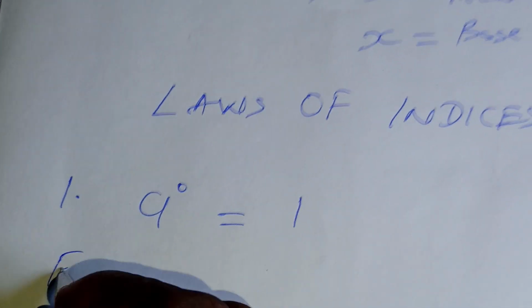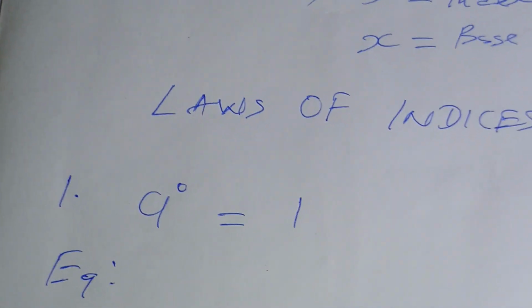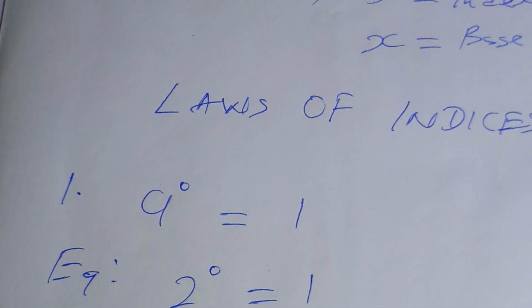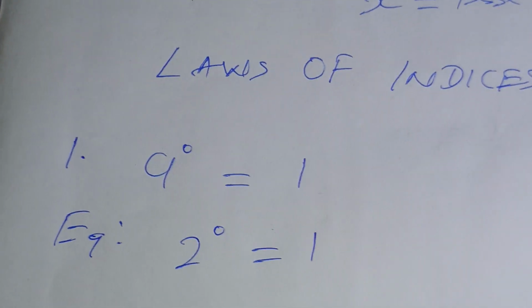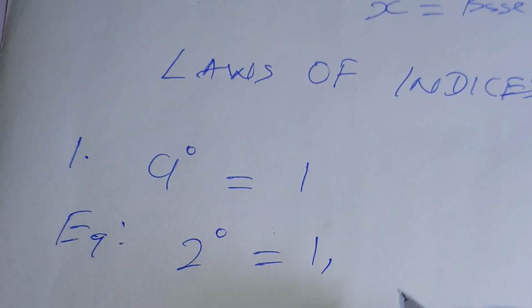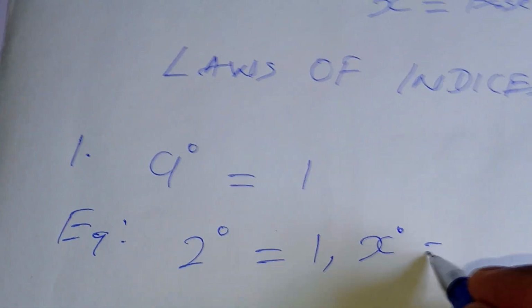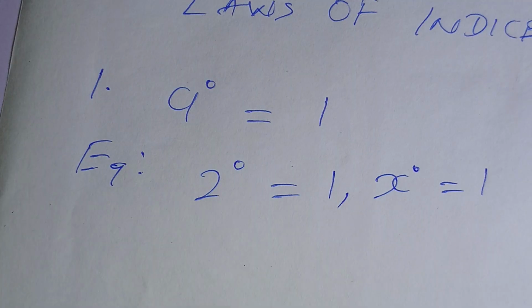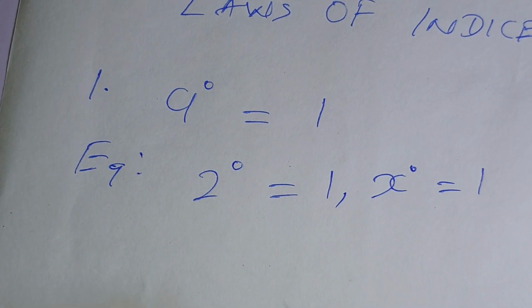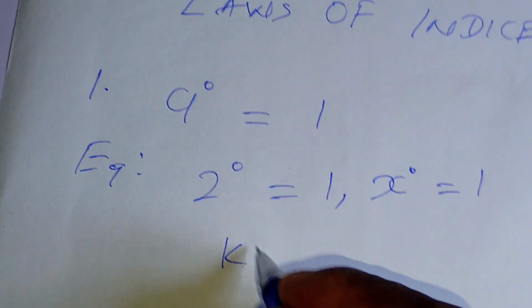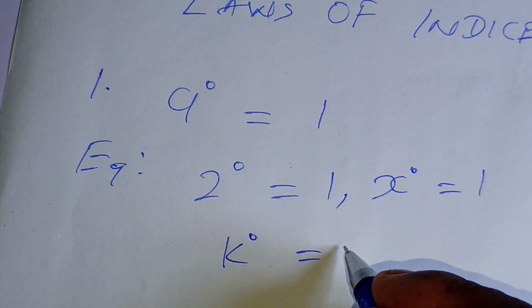So for example, let's take an example. If I have 2 raised to power 0, that's equal to 1. If I also have x raised to power 0, that's 1. If I also have k raised to power 0, it is equal to 1.